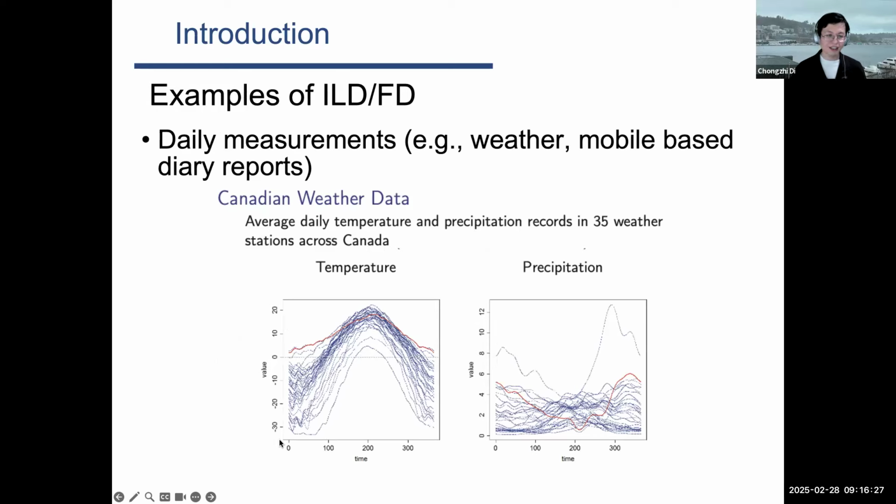Each curve represents one weather station, with 365 measurements across one year. The x-axis is day, the y-axis is temperature levels. Every weather station has one curve like this, and we have 35 in total. So basically the data is a sample of 35 different curves. They are obviously much more intensive than our typical longitudinal data.